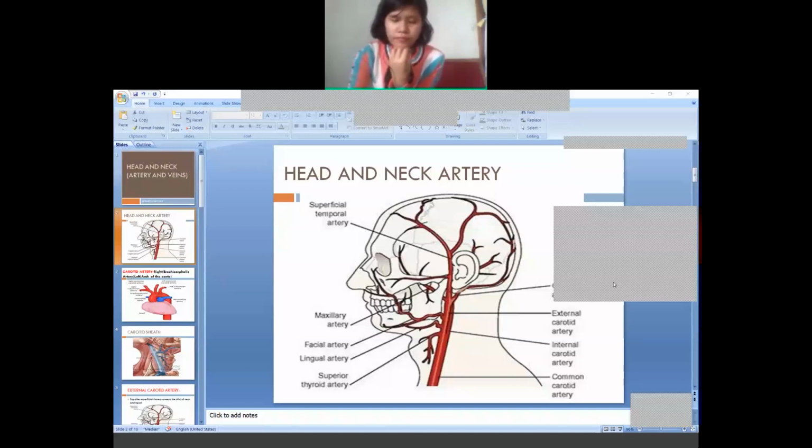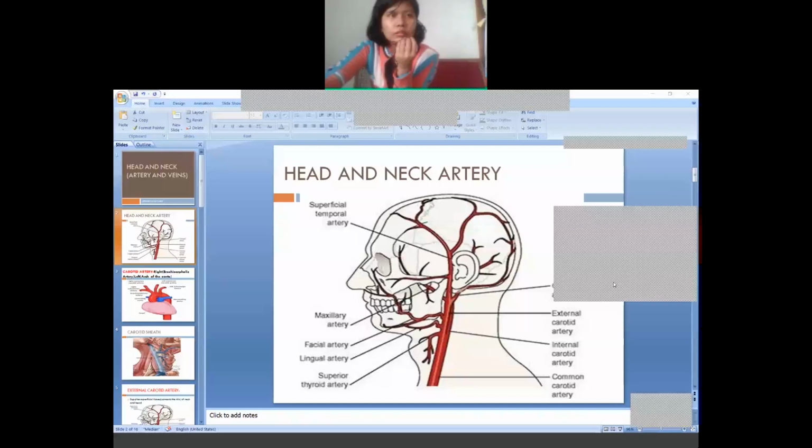Head area. Are you sure? It is the neck. The answer is neck, N-E-C-K, neck.